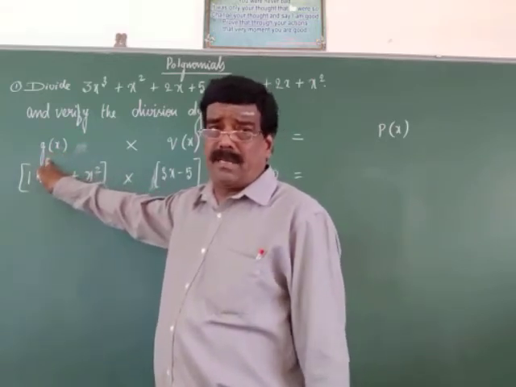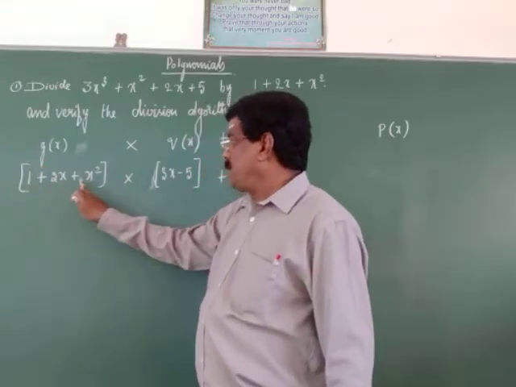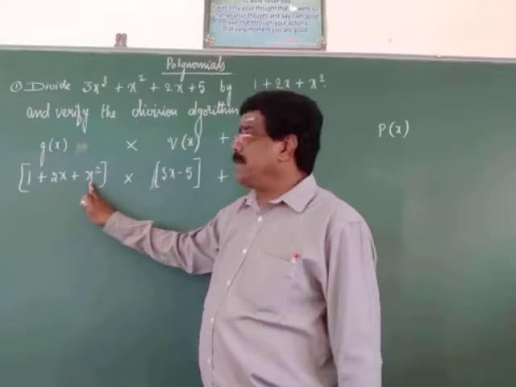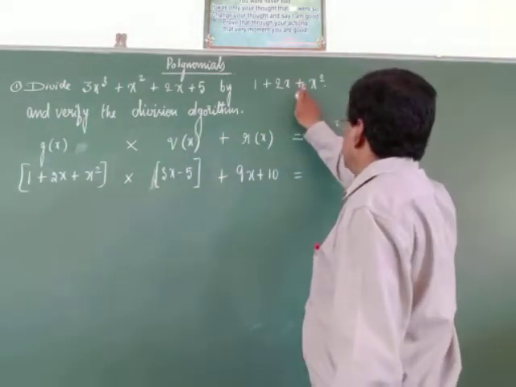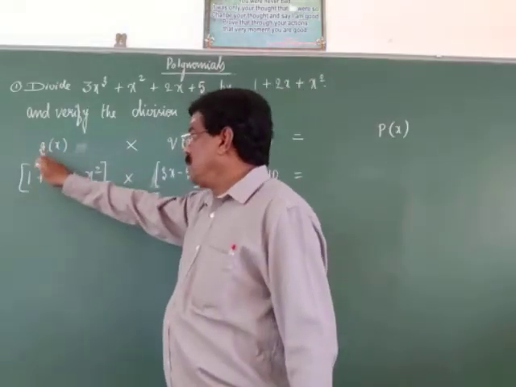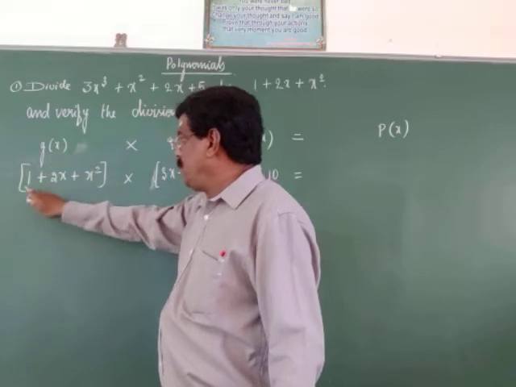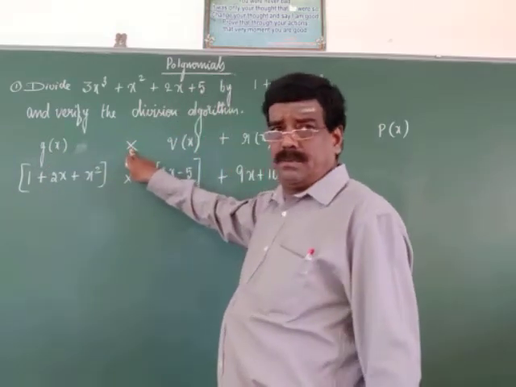Depends on the question. In this question it is a trinomial. It is 1 plus 2x plus x square, which is given in the question itself. This 1 plus 2x plus x square is called the general polynomial of x or g of x. So first you write down g of x, below there is 1 plus 2x plus x square, close the bracket neatly. Then you write into.